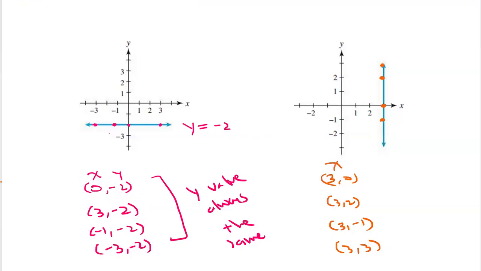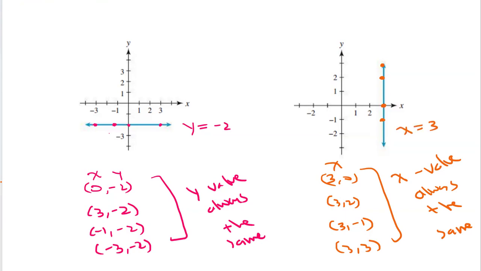For here, the x values are always the same. So in this case, the x value is always the same. So this will be interpreted as what? x equals 3, right? Because no matter again what number you give me for the y, the x value will always be 3. Okay. Question there?